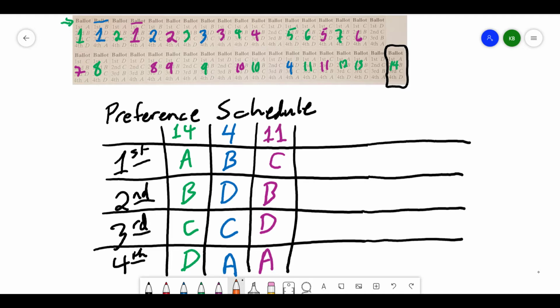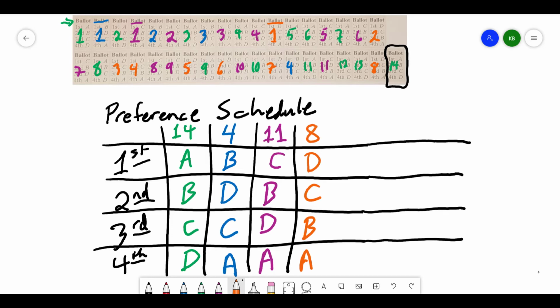And for my preference schedule, then I go to the next ballot that doesn't look like either of them, and I put the candidates in order that they're on that one. So I have D, C, B, and A, and I count those up. It's 1, 2, 3, 4, 5, 6, 7, and 8.